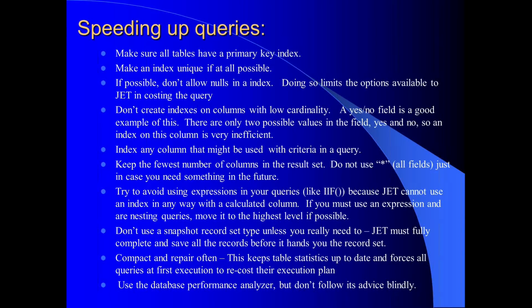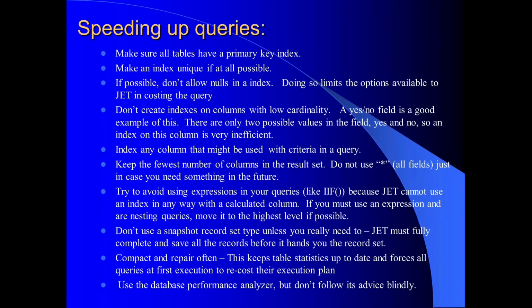All things like that. And what it does is it looks at all those different ways of doing things, figures out based on the number of times it has to go out and read pages and perform sorts to reorder and things like that, which will cost the least to execute your query. And then it saves that query plan as part of your query.